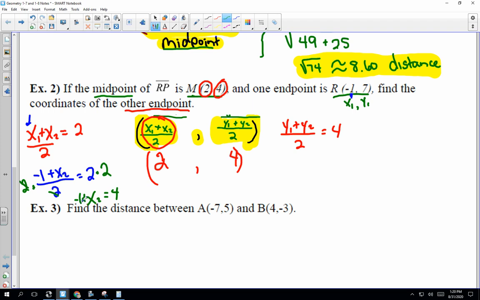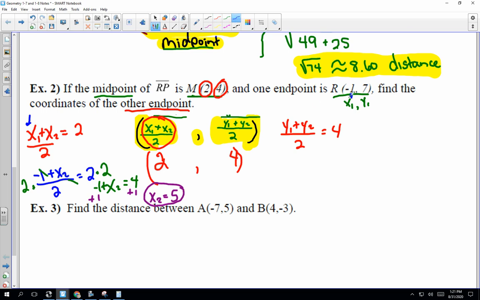The next thing I'm going to do is add 1 to both sides. And x2 equals 5. I'm going to hold on to that. I'm going to partner it up with its y coordinate in just a second.